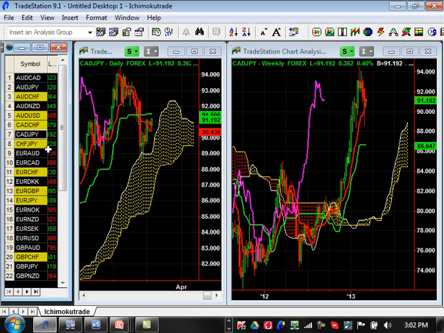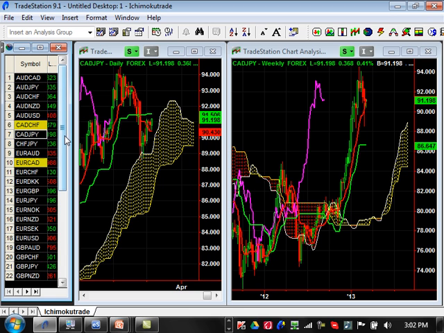CAD yen. If you look at CAD yen, really not doing anything at all. Support's going to be about 89. Short-term resistance is going to be at about 91.50. It's stuck between that 91.50 and 89 range. Depending on what it does there, it's going to start a trend to the top side, where it's going to retest the highs here at 94.